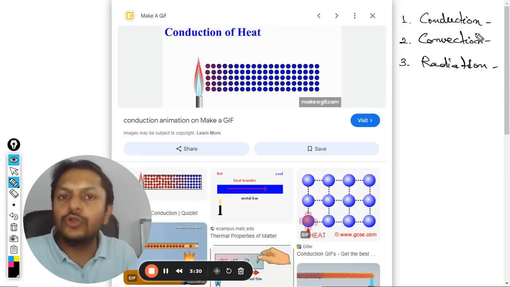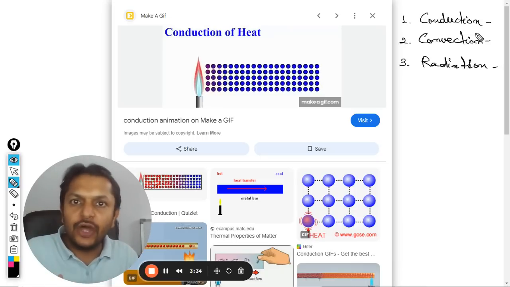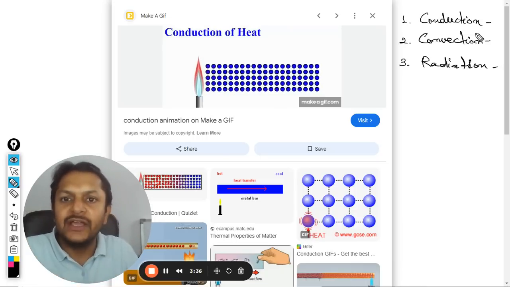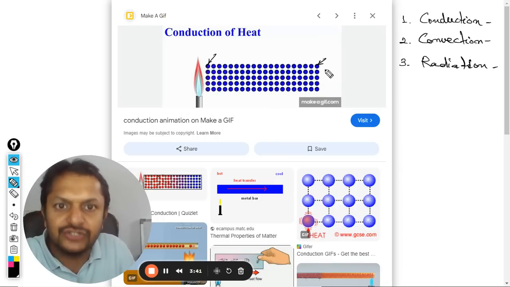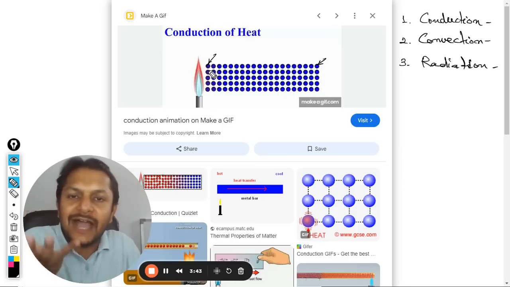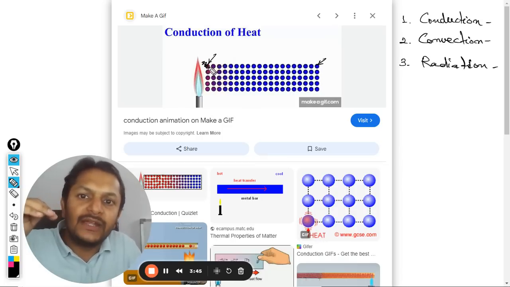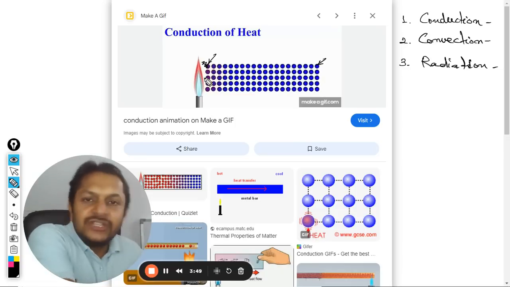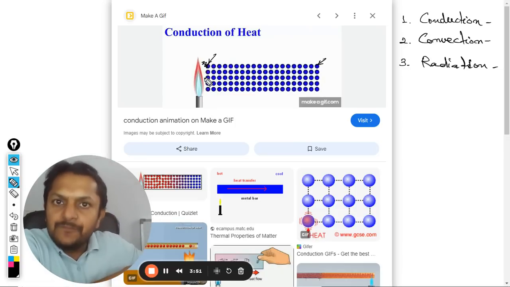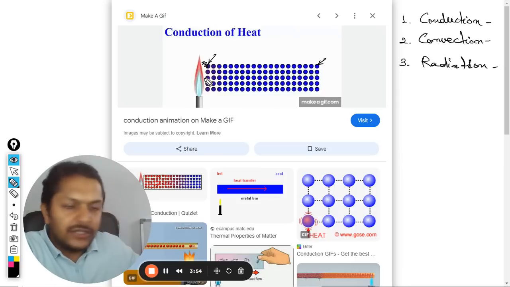Now, conduction is that mode of heat transfer which is popular in solids, and obviously in solids the molecules are not moving, they are not changing their position. But as they gather heat they keep on vibrating at the same location. They vibrate and start pushing the other molecule which is adjacent to it.